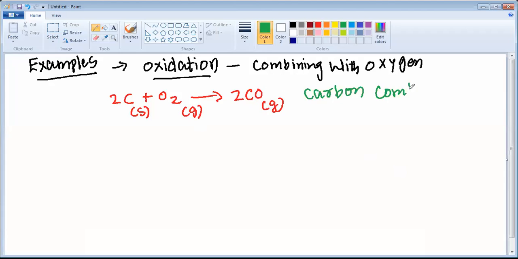Carbon combines with oxygen. So please remember that this reaction is an oxidation reaction too.